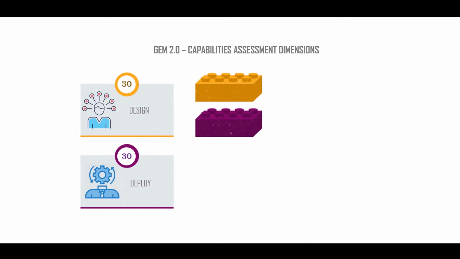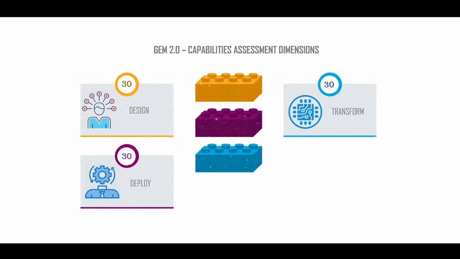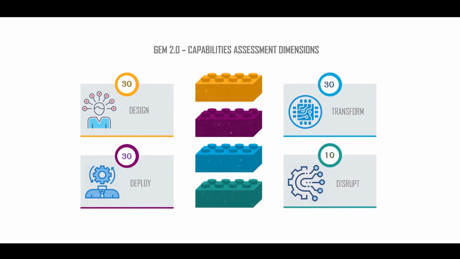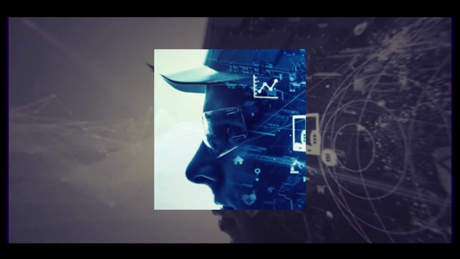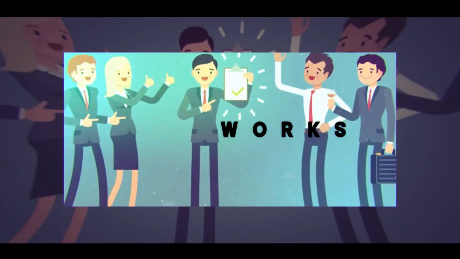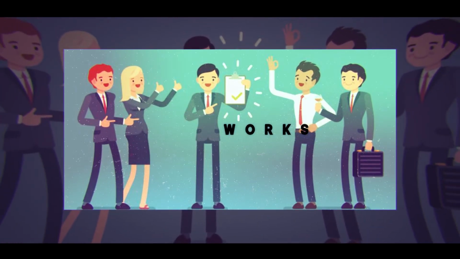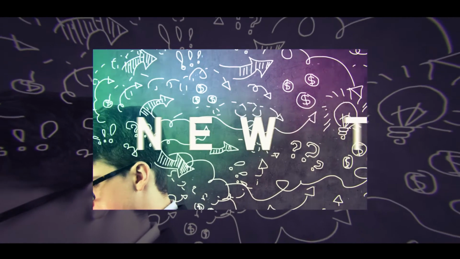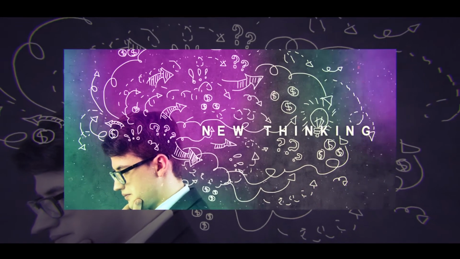The capabilities assessment tool for GEM 2.0 is an integrated aspect with 4 dimensions, one relating to the design of the capabilities, their deployment, the emphasis on transformation as opposed to nudging, improving, and learning and development through a single loop perspective, and at an extreme level, even transformation in terms of abandoning what works and perhaps works well in order to introduce something new for doing new thinking.